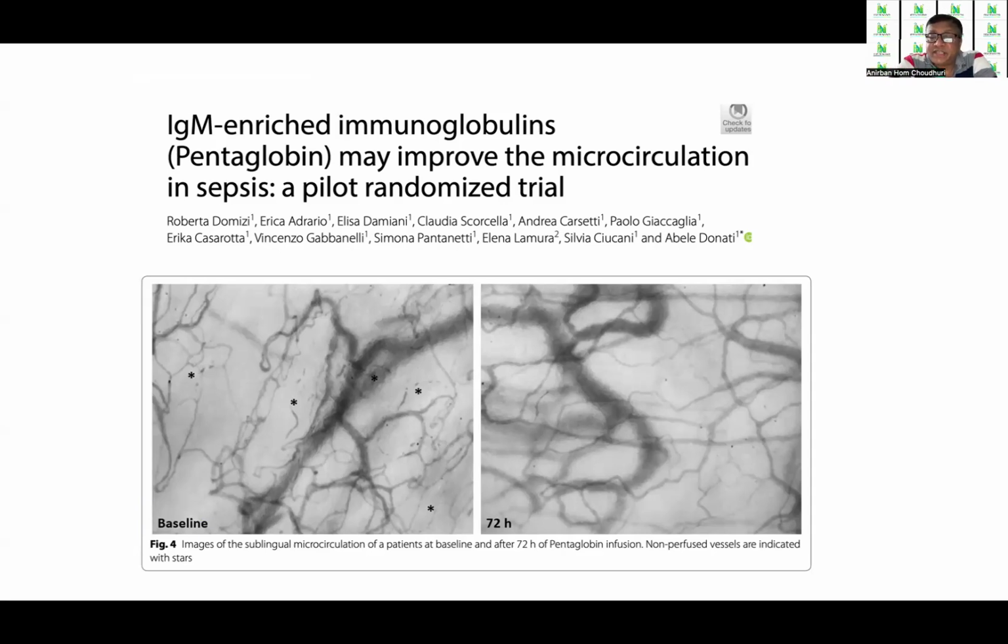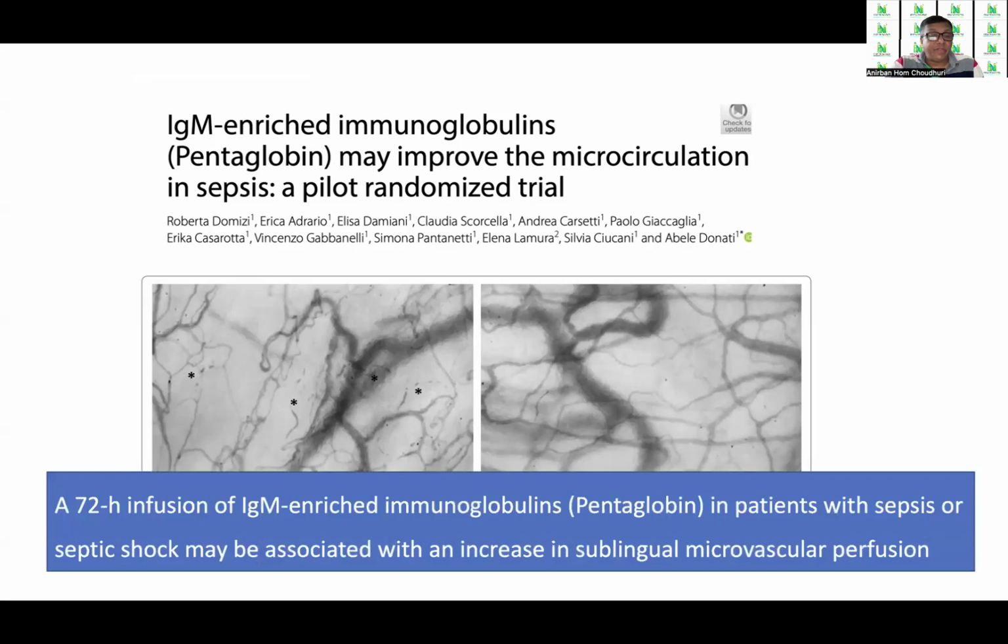But both studies had their own deficiencies and limitations, so it's not expected that the patients on whom they administered pentaglobin would behave in a definite predictable way.